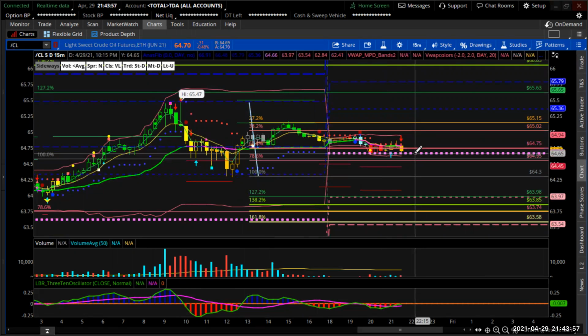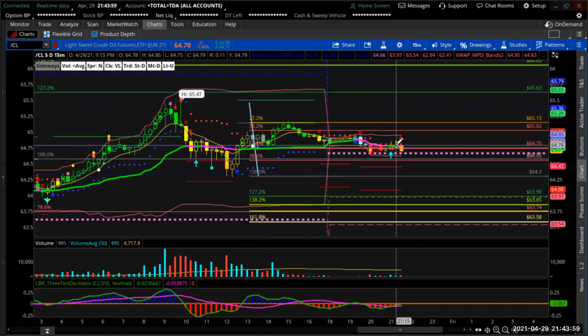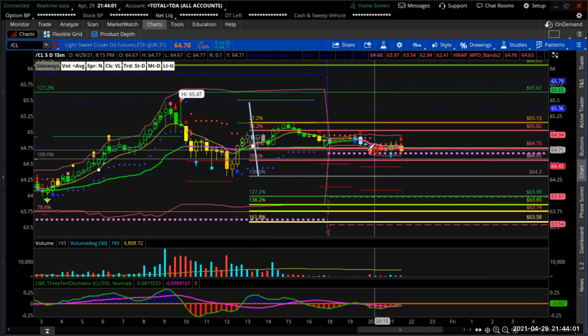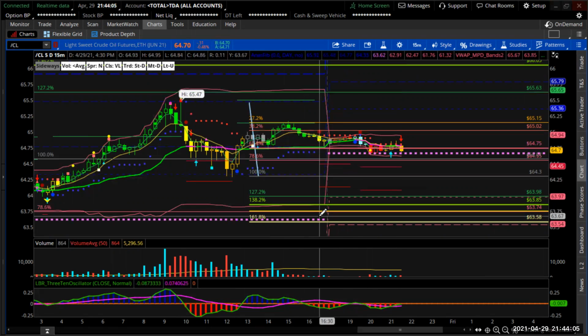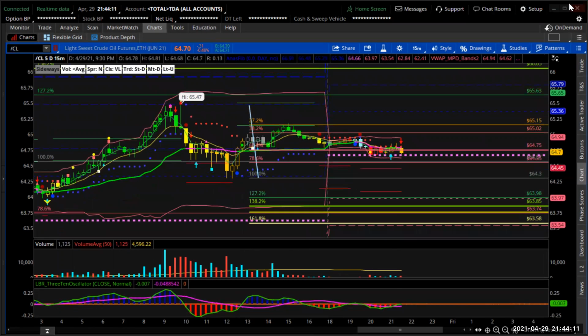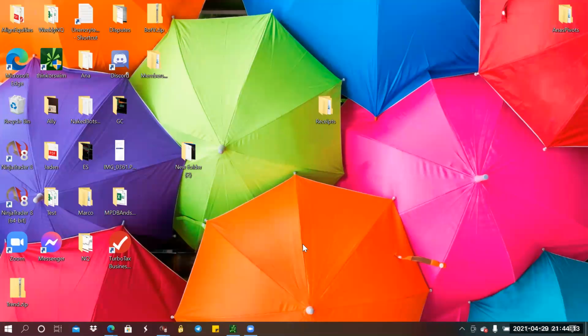We are going below the VWAP anyway. I would target this low at the 64.30 area, and then possibly here the 63.58 right there. So let's go see what the volume profile is telling us.